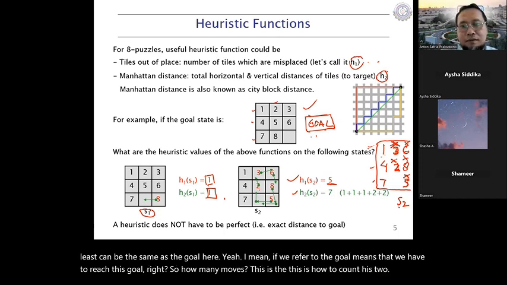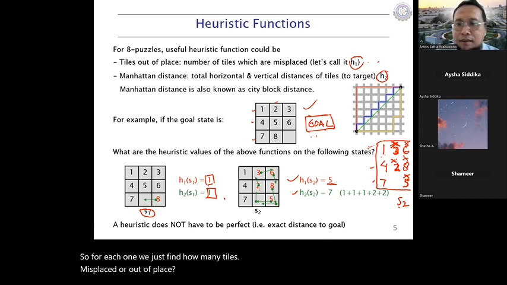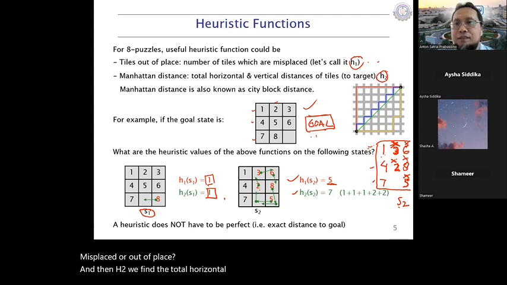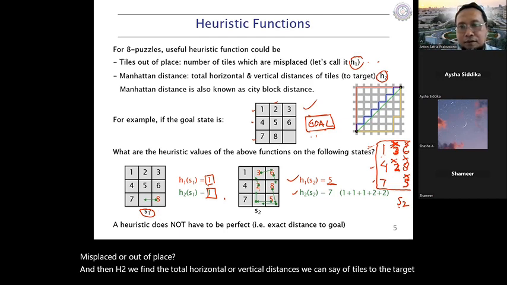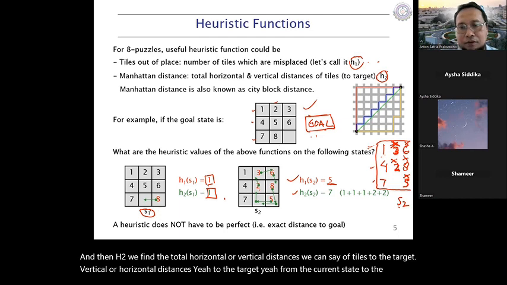For H1, we just find how many tiles are misplaced, or out of place, and for H2, we find the total horizontal or vertical distances of the tiles from the current state to the target. So that is H2.